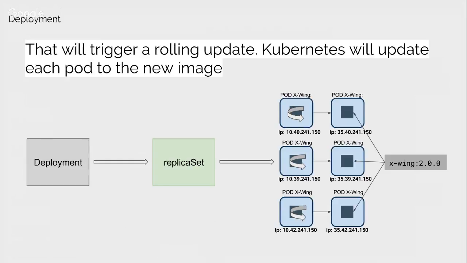It sees that these first X-Wing pods had a 1.0 image in there, so it goes through and one by one updates the pods with the new image, giving this person new pods running with that 2.0 container image.